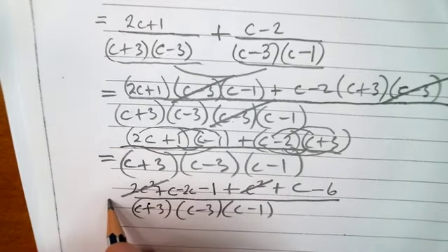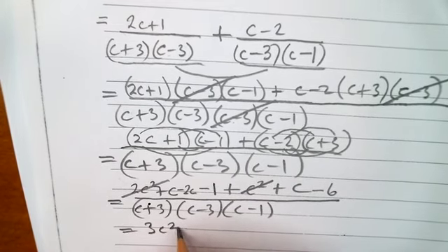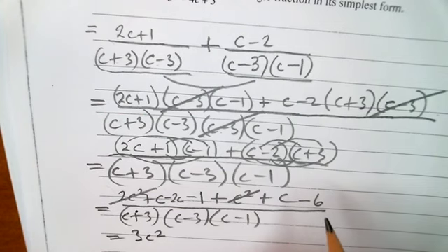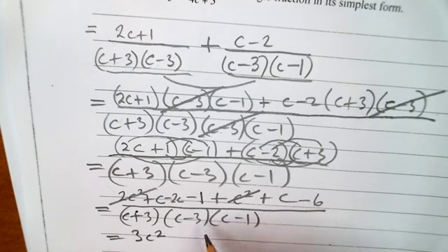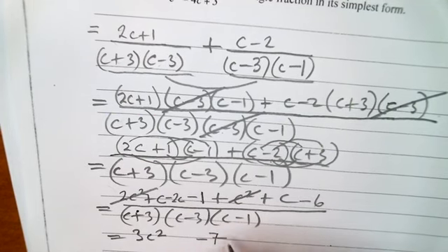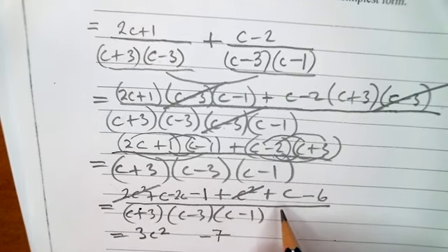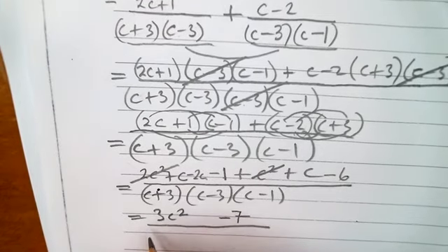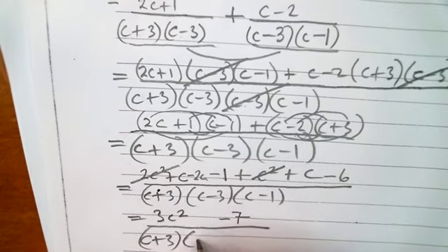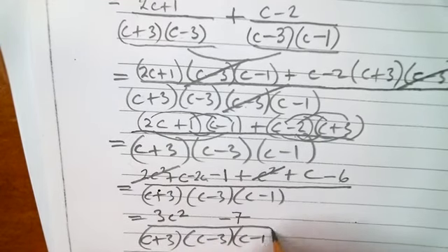I've got a negative 1 and a negative 6, which is going to be negative 7. Then I've got a c and a c is 2c, minus 2c is 0c. So I'm just left with that over c plus 3, c minus 3, and c minus 1.